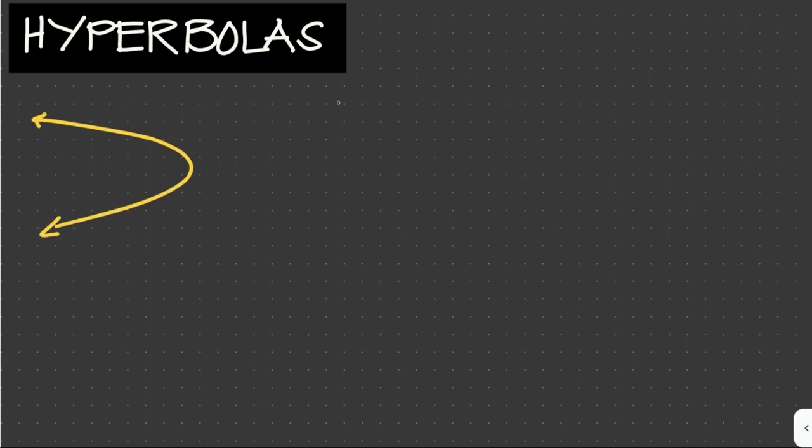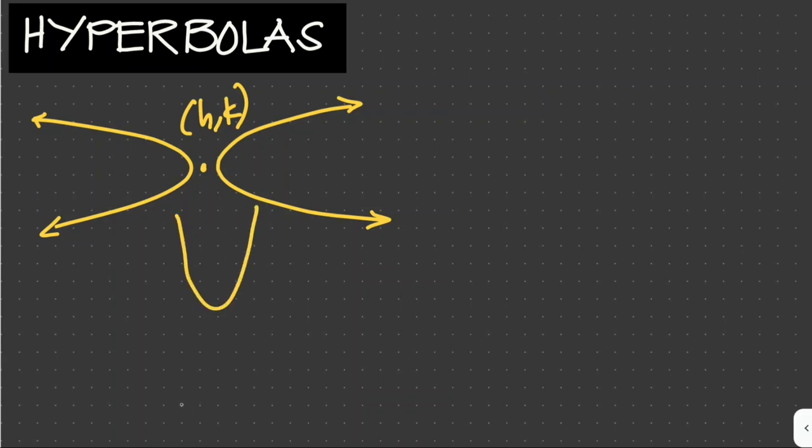Okay, so that's our hyperbola, and the center is here, h, k, or it can look like this. This one opens left and right, and this one opens up and down. So this is our center, h, k.